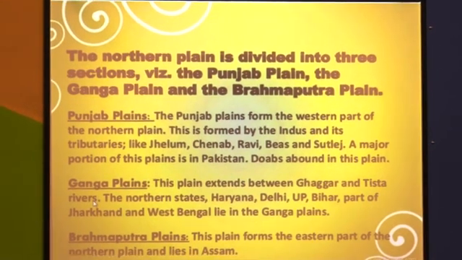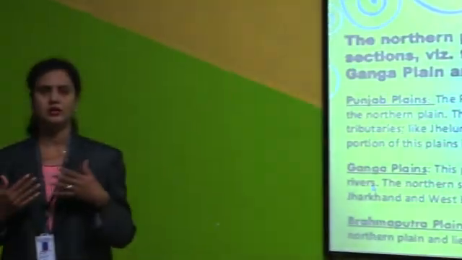So Ghagra, Gomti, Gandak, Tista, Yamuna, Chambal, Betwa, Shon are the tributaries of the Ganga river, and they drain the whole northern part: Delhi, Uttar Pradesh, Bihar, Kolkata area, Jharkhand, Haryana, and some part of Madhya Pradesh. And this river in the end discharges into the Bay of Bengal.